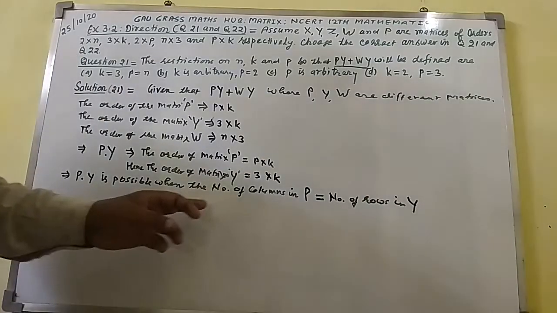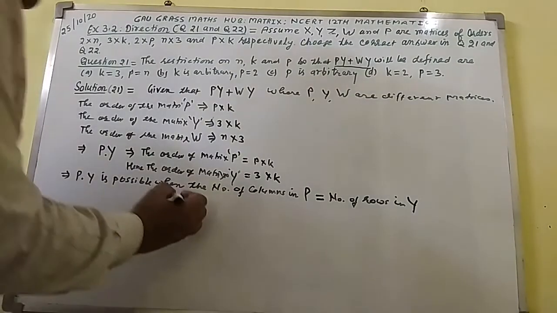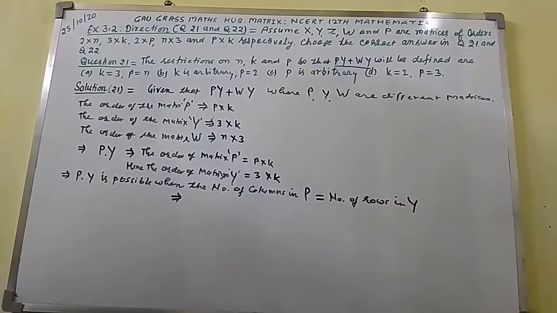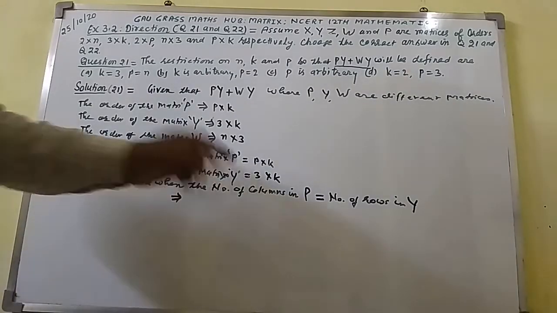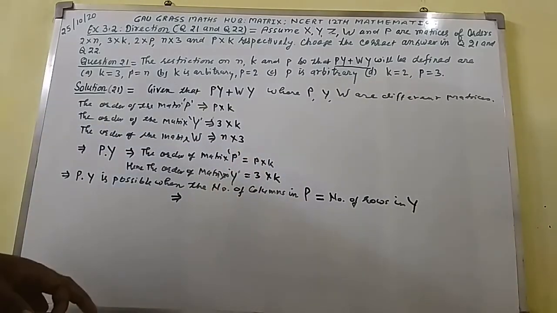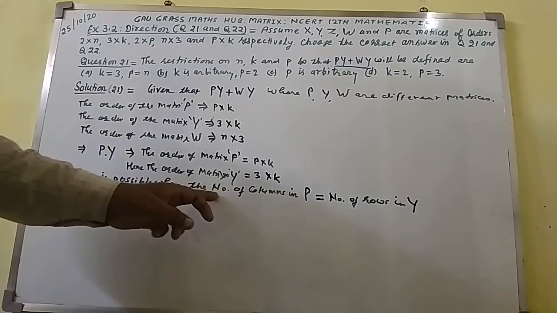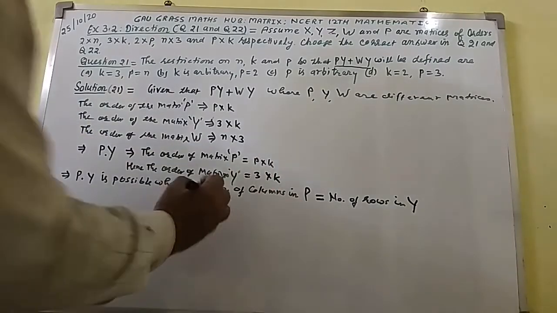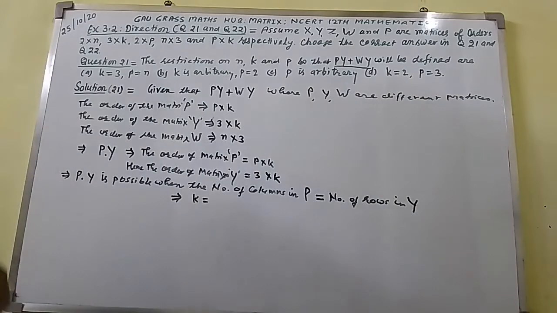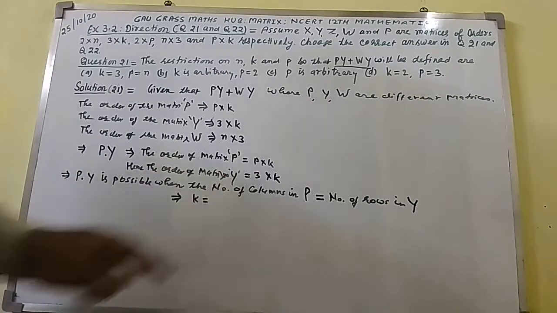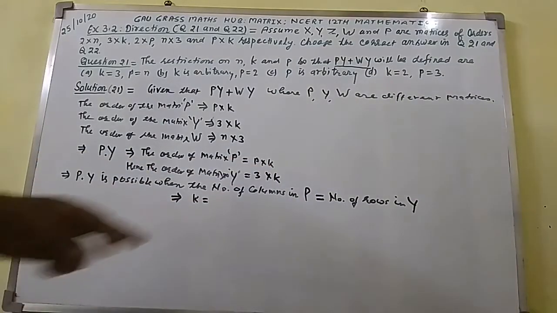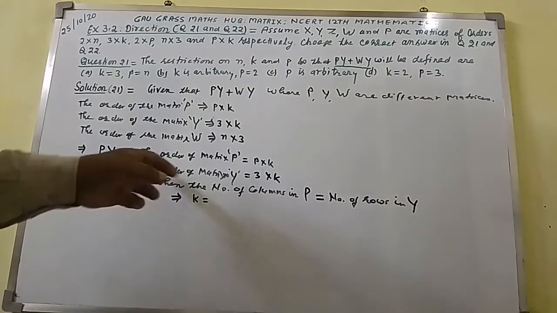So here you can see the number of columns in matrix P. The order of the matrix P is P cross K. Then the number of columns in matrix P will be K. So here I shall write K equal to number of rows in matrix Y. So I shall take here matrix Y. The order of the matrix Y is 3 cross K. Then the number of rows in matrix Y will be taken from this.